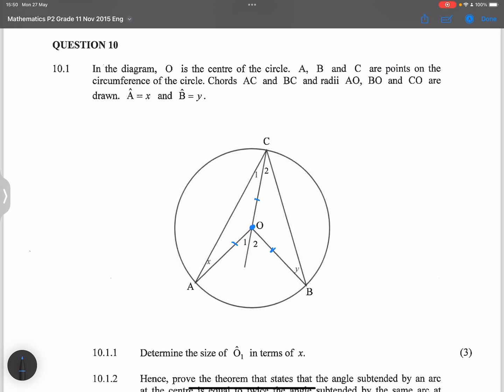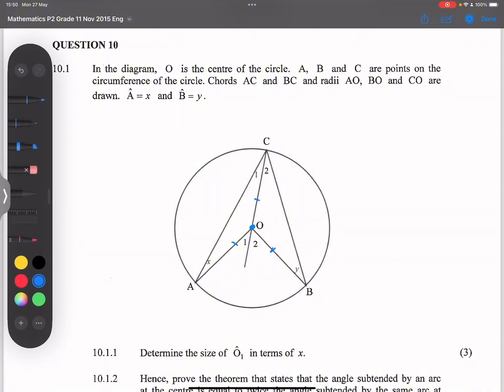Now, please let's note in this case, before I even go as far as answering the question, that this simply means angle C1 must also be equal to x. And why is that? Because in this case, OC is equal to OA, and so that makes triangle OAC an isosceles triangle, and we know that angles opposite equal sides in an isosceles triangle are also equal.